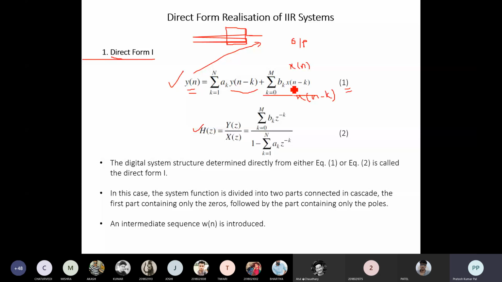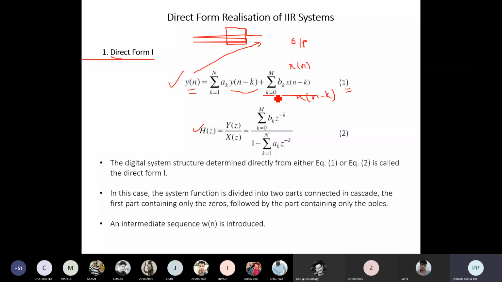So it is x of n minus k, so its z transform will be, again b k remaining the same, and since it is a k-delayed function, z to the power minus k will be there, and X of z will be there. That will be in terms of the z transform.